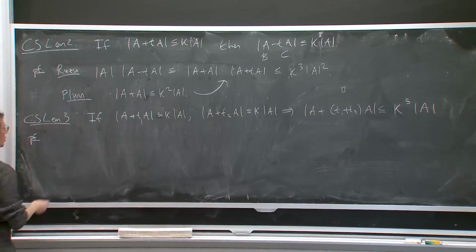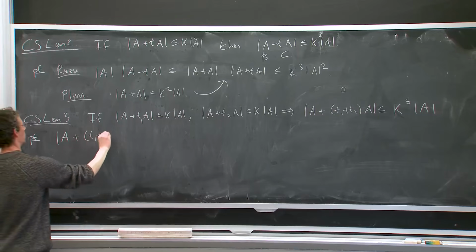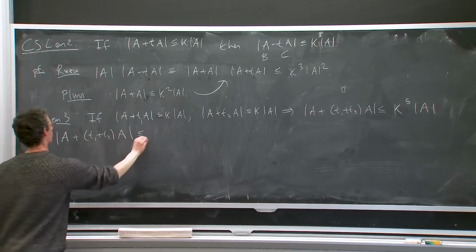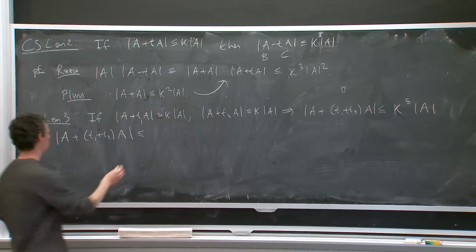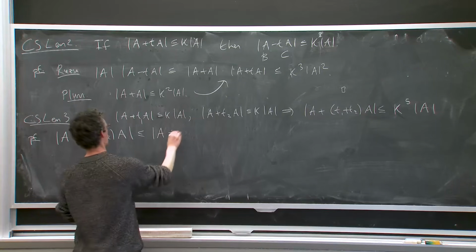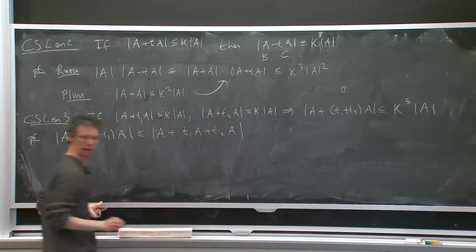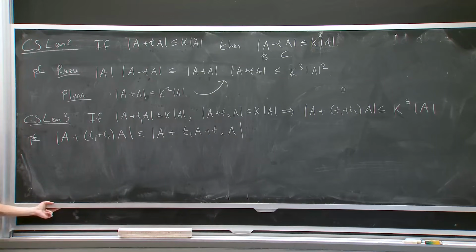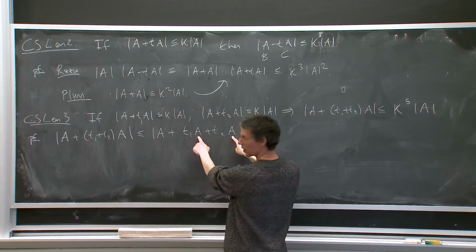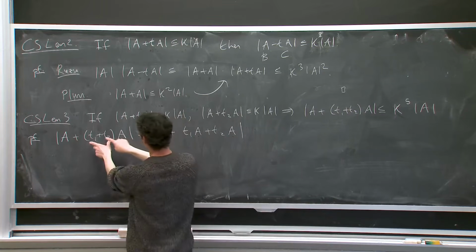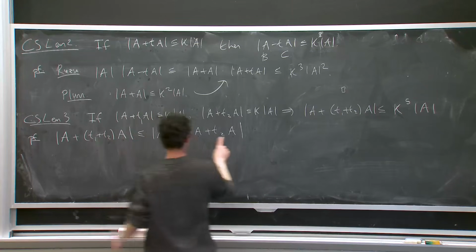OK, so A plus T1 plus T2 A. I'm going to bound that, and this looks quite wasteful, by A plus T1A plus T2A. This is quite wasteful because I'm allowed to have T1 times one guy plus T2 times the other guy, and here I only had T1 plus T2 times the same guy. But it's a true inequality.